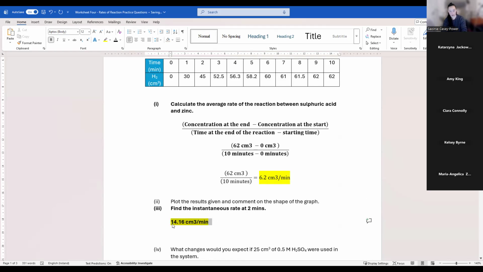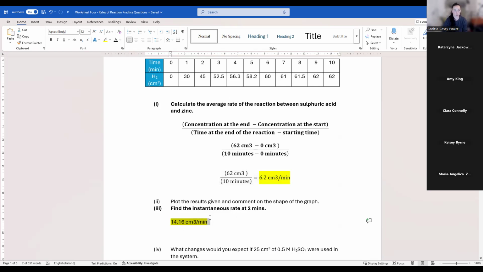You'll notice that ties into what I was saying at the very start, that your average will give you a broad overview or an estimation of how quickly that reaction happens, taking every stage into account. So as you can see, it's quite a bit lower in comparison to your instantaneous rate, because it's given a broad overview of the whole reaction.